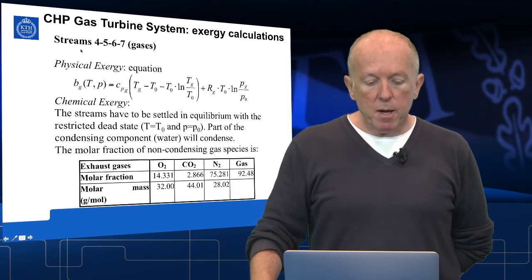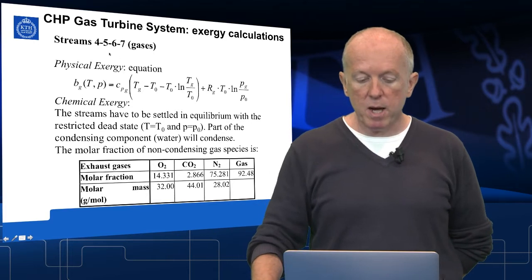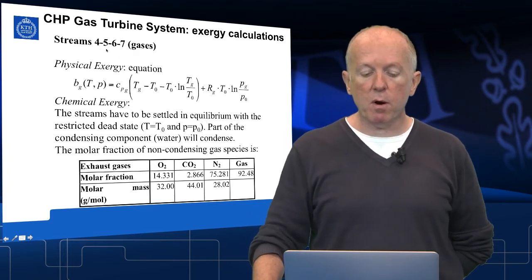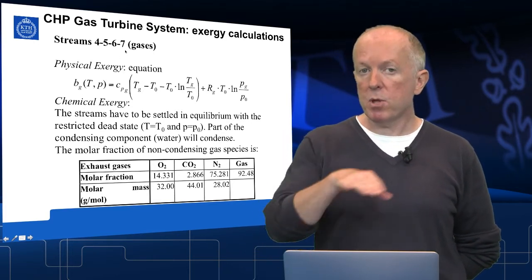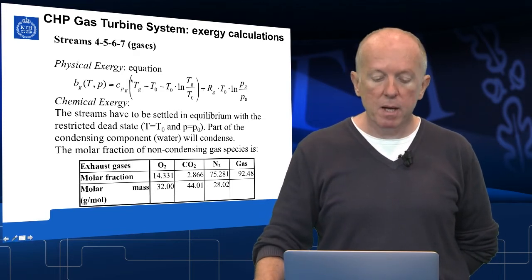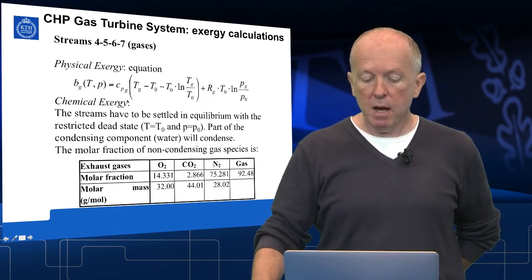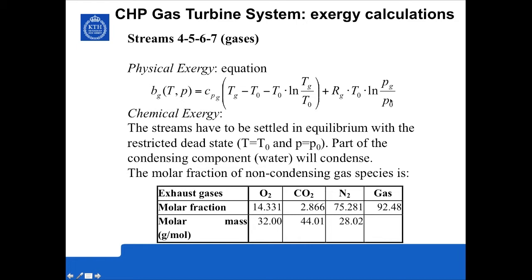If we move to the exhaust gases, the situation becomes a little more tricky. We are talking of the streams number 4, 5, 6, and 7, which have all the same chemical composition, remember. In terms of exergy, physical exergy is quite easy because, again, this stream can be considered as a stream of ideal gas, so you can make use again of the equation that we have used for the air.